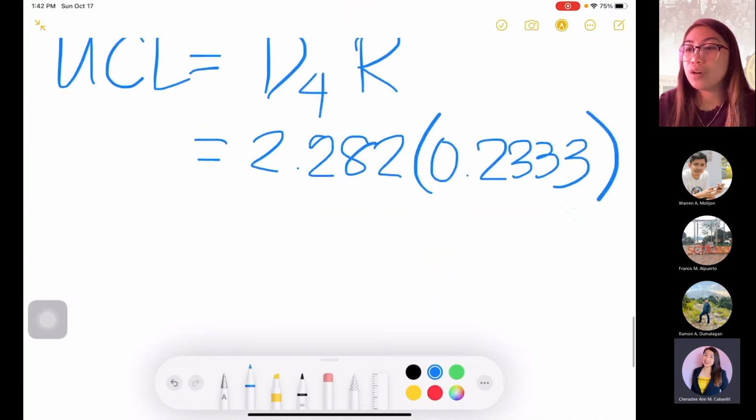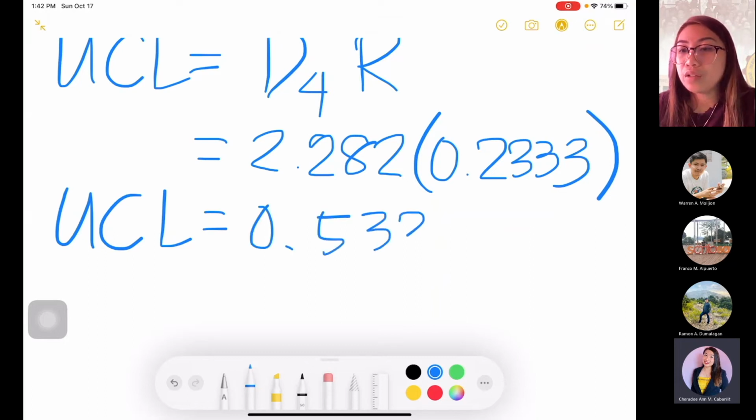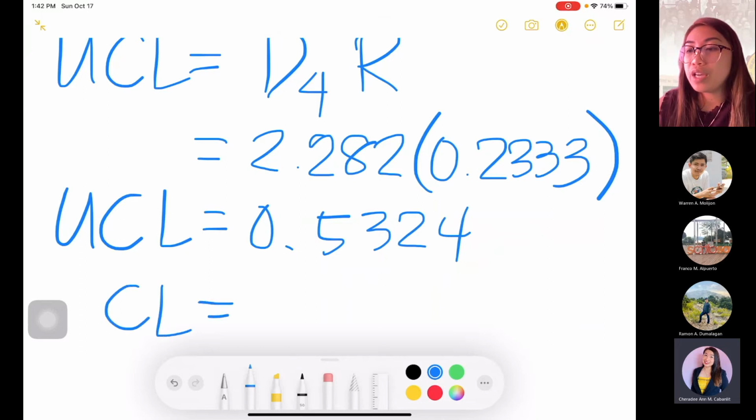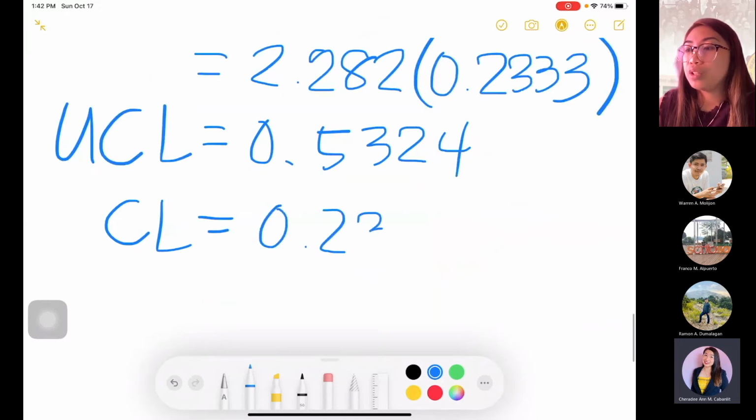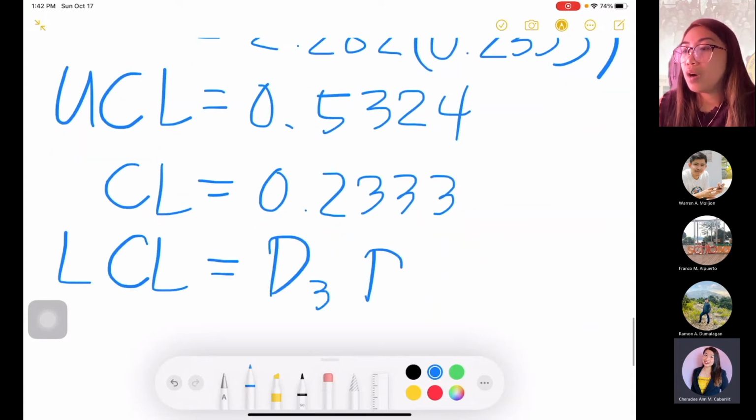That is how we compute the UCL of the R chart. That's 0.5324. And of course your CL is just your bar R, which is 0.2333.